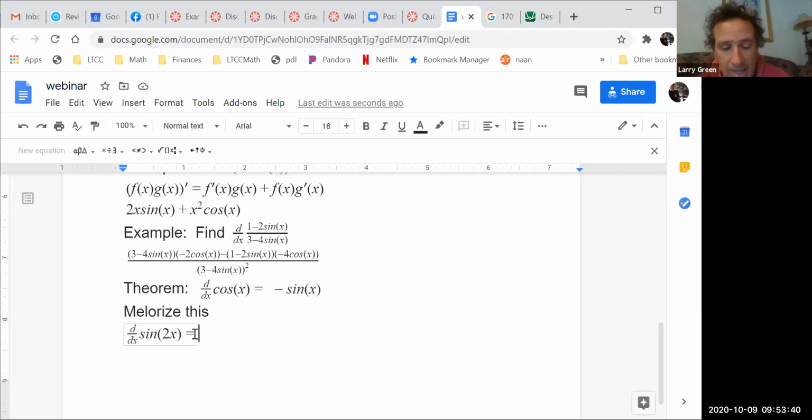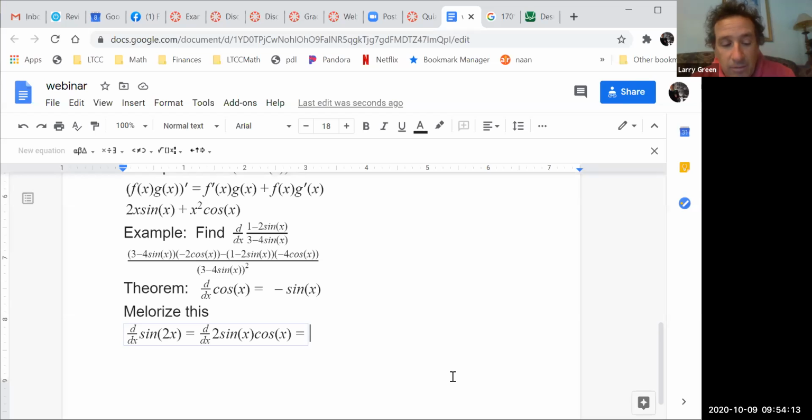So I can write this as 2 times the sine of x times the cosine of x. And now how do I find this derivative? Yeah, product rule.